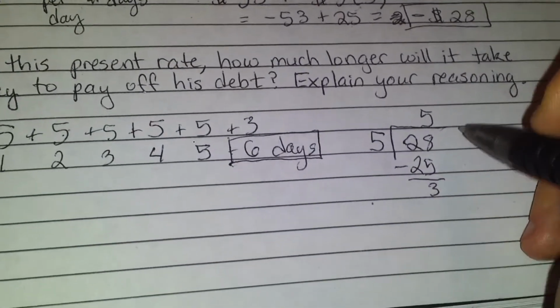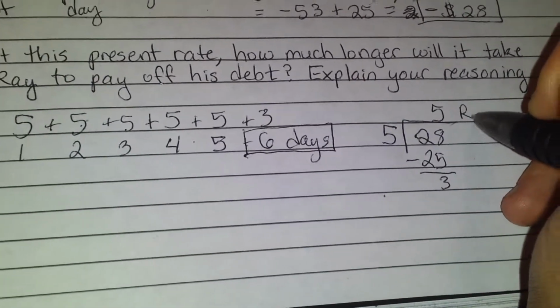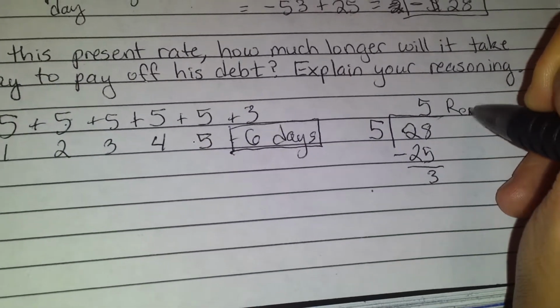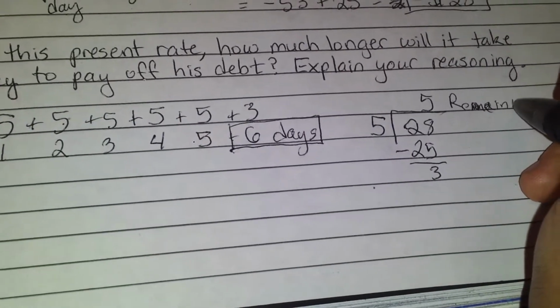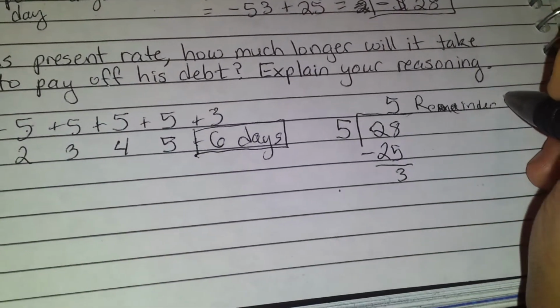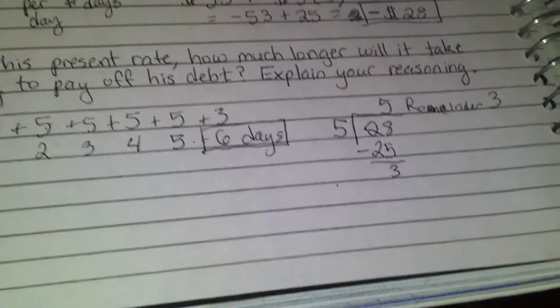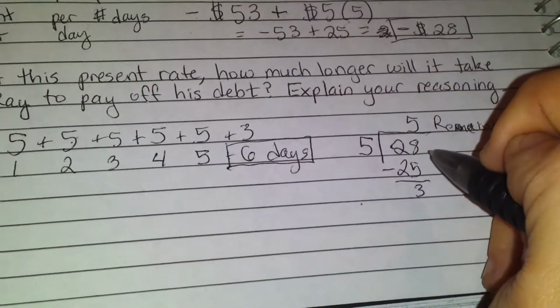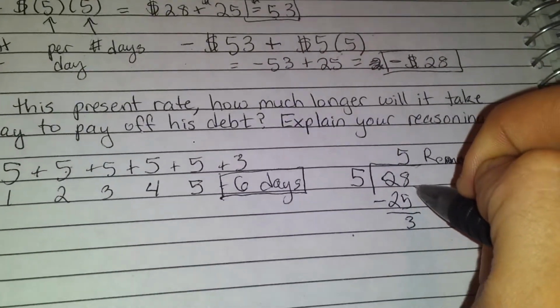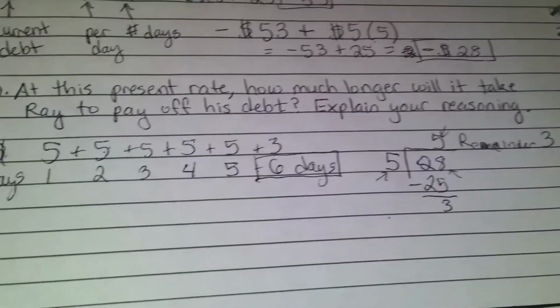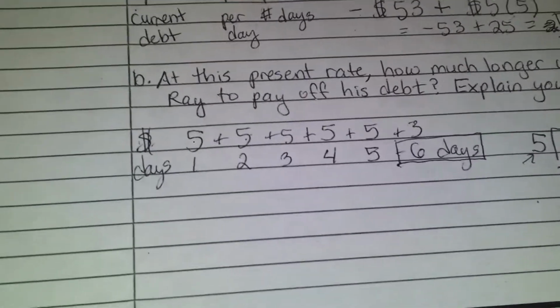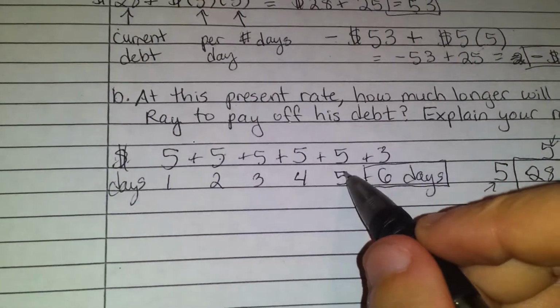Now that's a difficult answer to interpret because we have to think, what is the 3 for? Please excuse my handwriting. 5 remainder 3. Well, really what that means is that we have $28 divided by $5 per day equals 5. But honestly, I think this approach is a little easier.